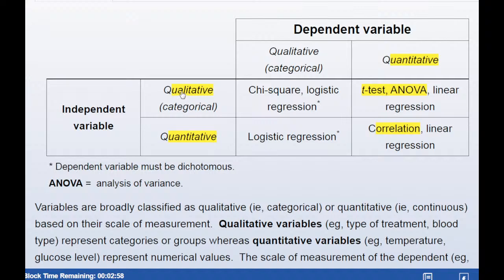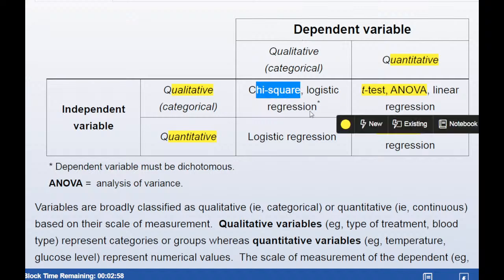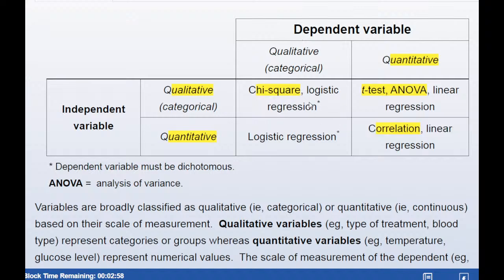So when you try to combine qualitative with qualitative, for example female or male with cancer or no cancer, there are no numbers in the middle, so now you use chi square. That's something that we have to learn. For chi square, just remember a square like this. All the angles are the same, so qualitative and qualitative are the same.